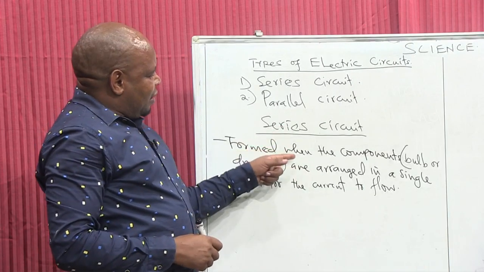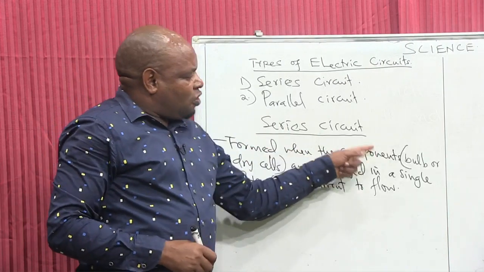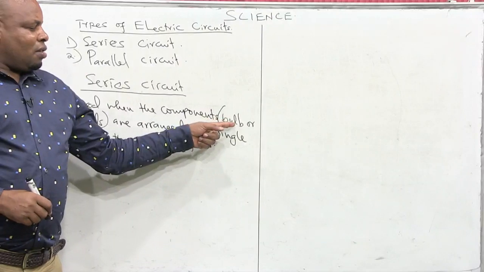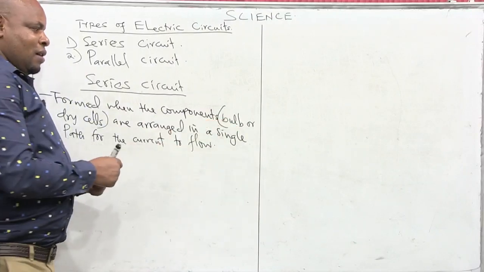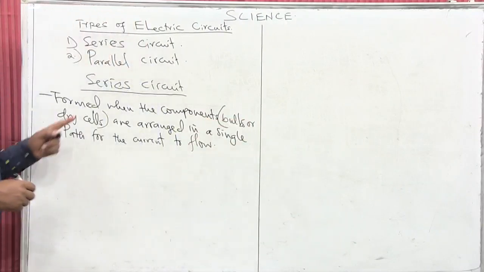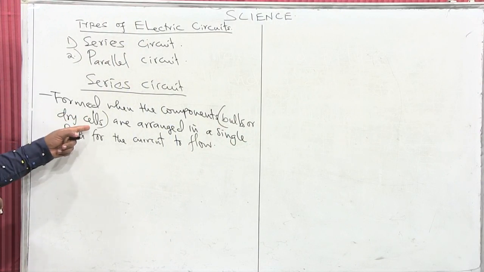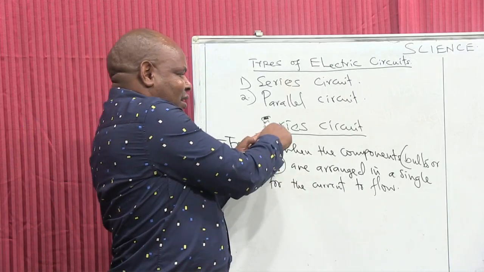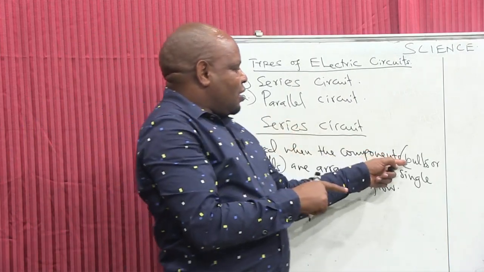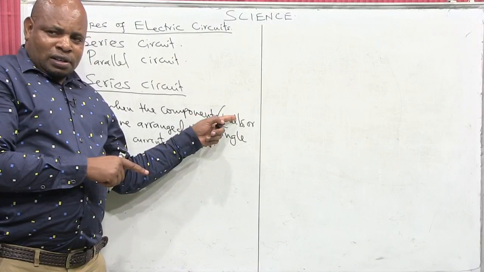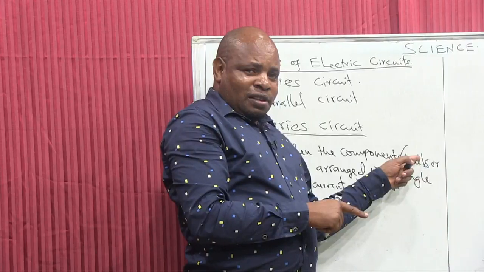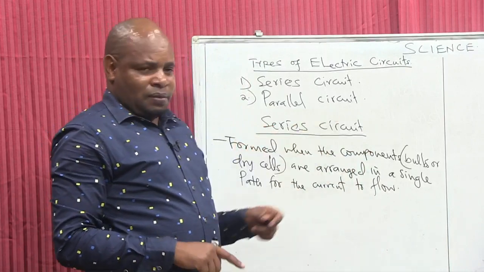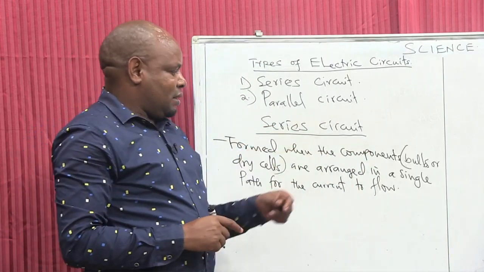It is formed when the electrical components can either be bulbs or dry cells. That means dry cells can be arranged in series, or the electrical consumers, e.g. bulbs, can be arranged in series form.